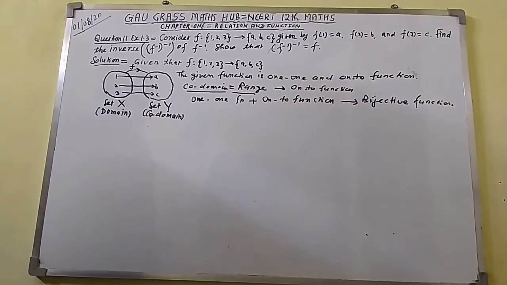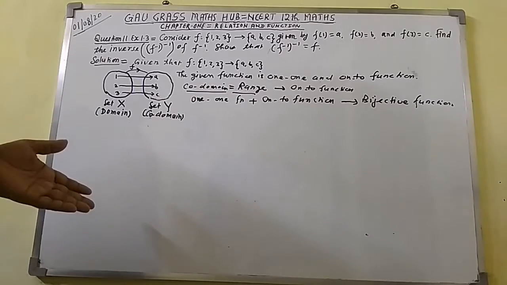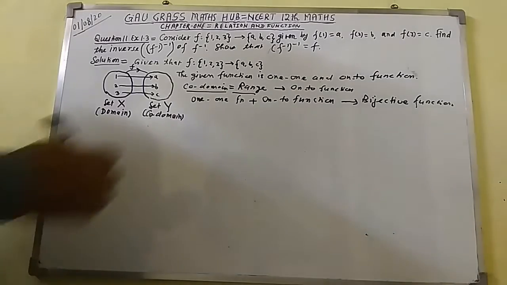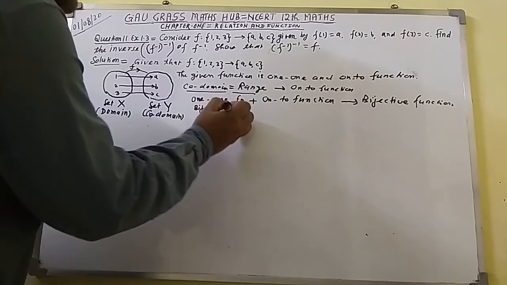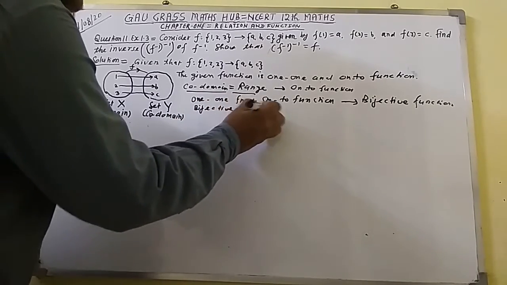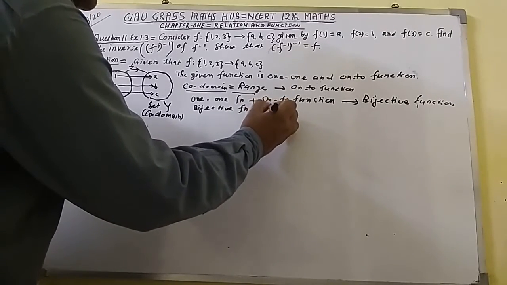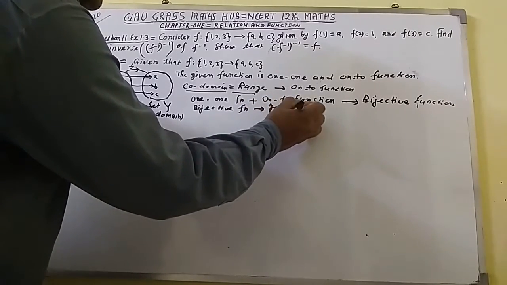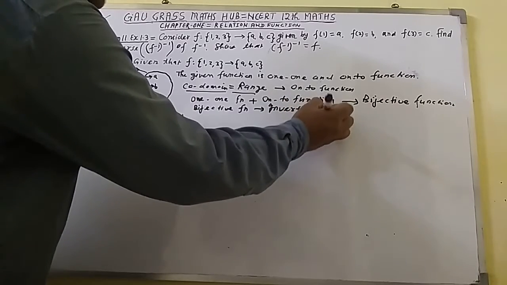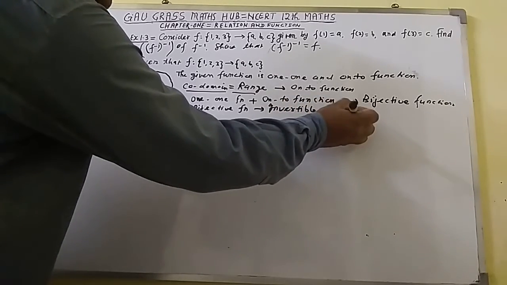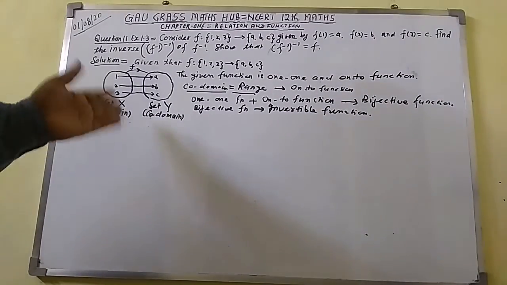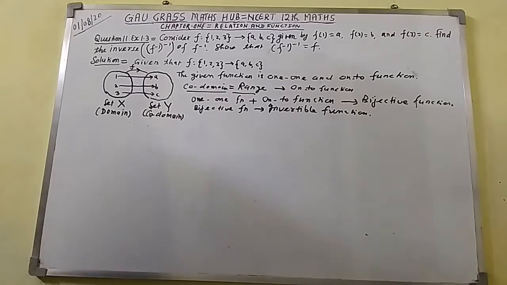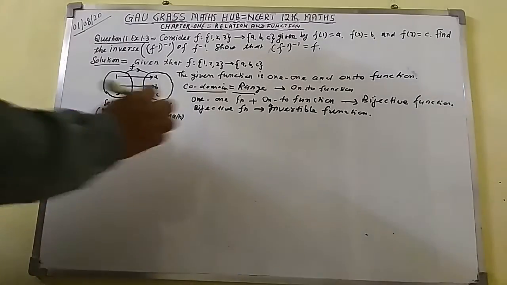So in the case of a bijection or bijective function, that function is invertible. Since this is an invertible function, what do we do here?